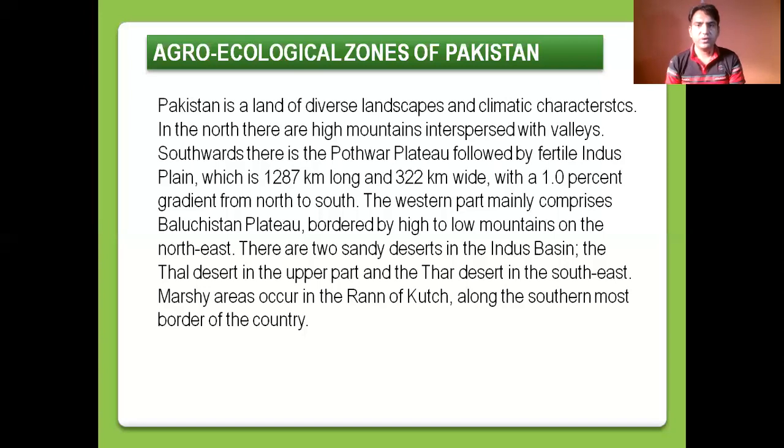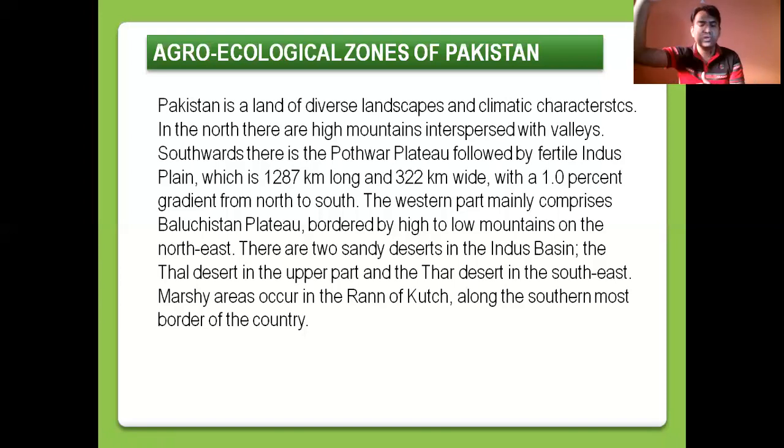Even though we have different climatic conditions, if you just discuss the plain area, the fertile land of Pakistan, it is 1,287 kilometers long and 322 kilometers wide, with a 1.0% gradient from the north to south.